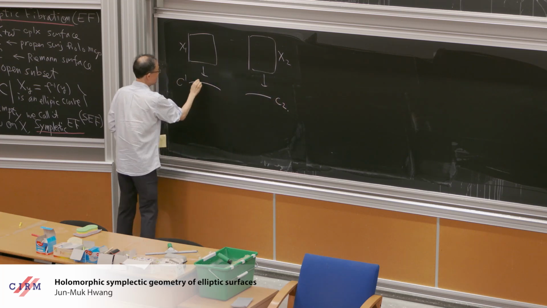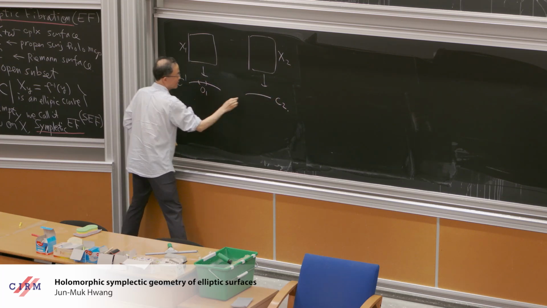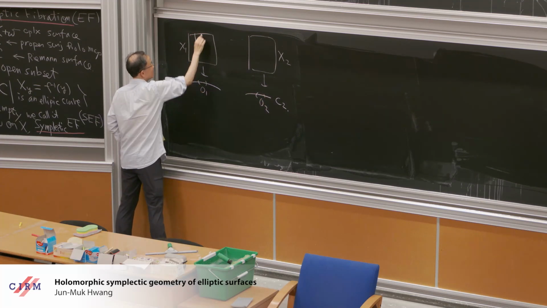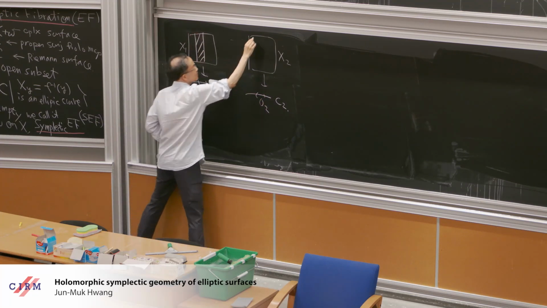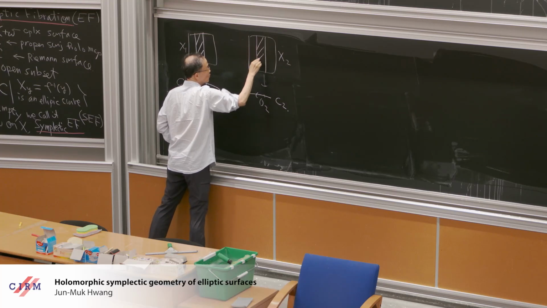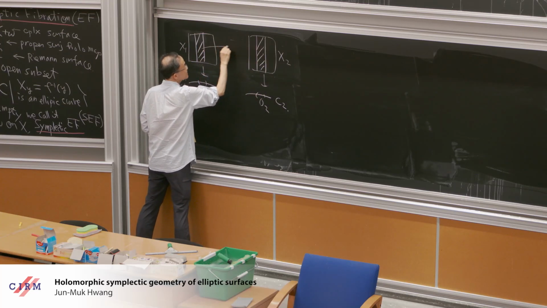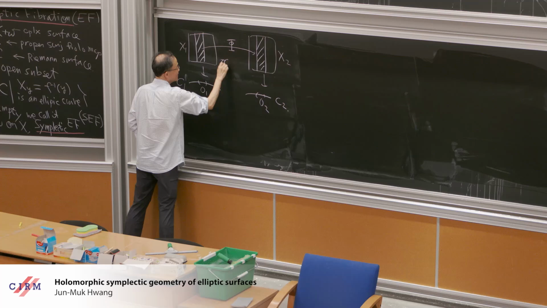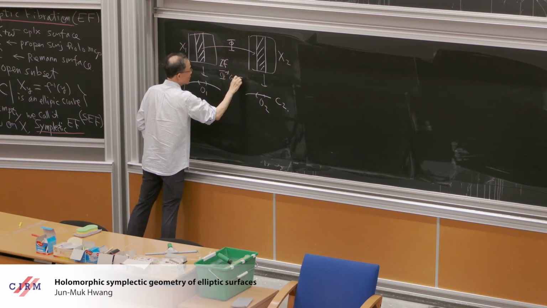And we had some open set, O1, and we look at the fibration over this open set, and we have this phi, and assume this map sends omega 2 to omega 1.